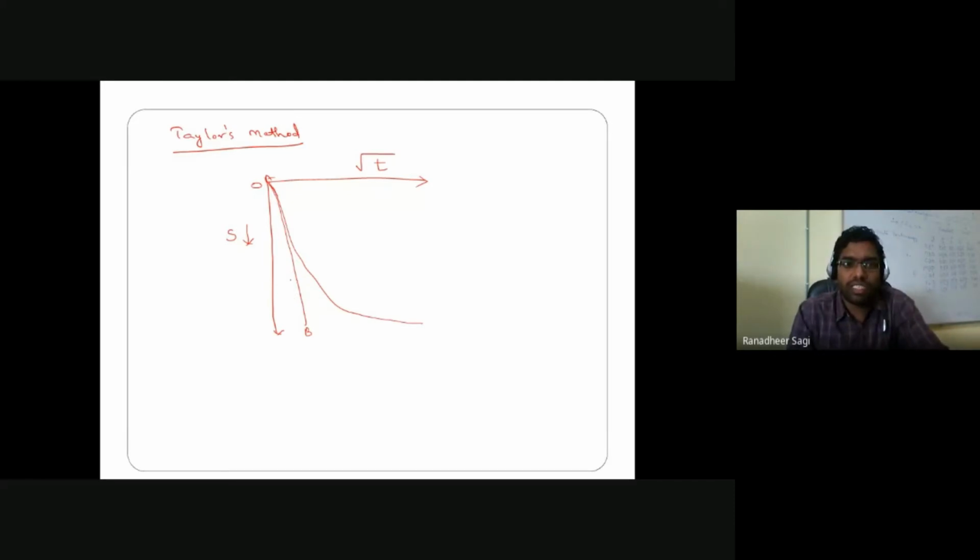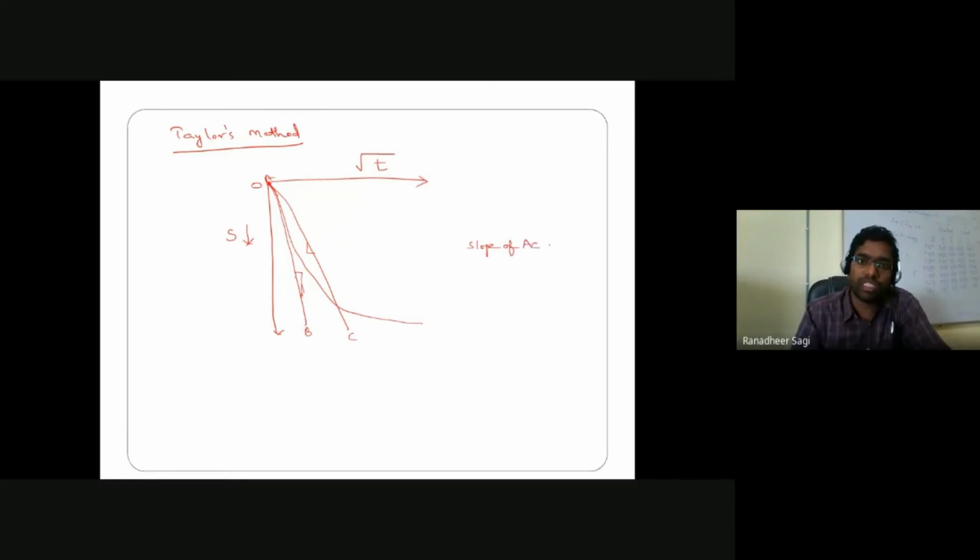And once I draw the tangent, can I determine the slope of this particular tangent drawn? Yes, I can. Once I know the slope of this tangent, I am going to draw another line from the same point A. I am calling it the AC line. How are we constructing your AC line?